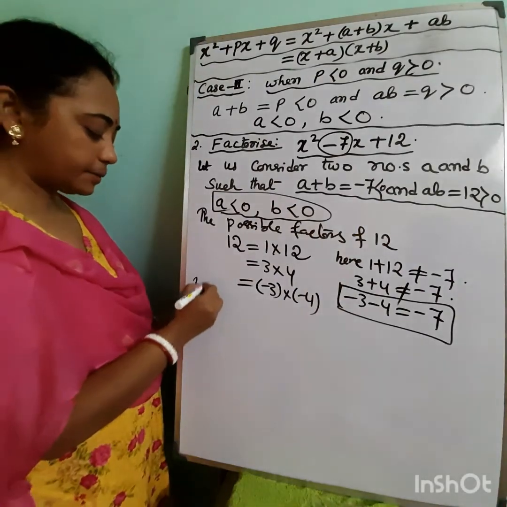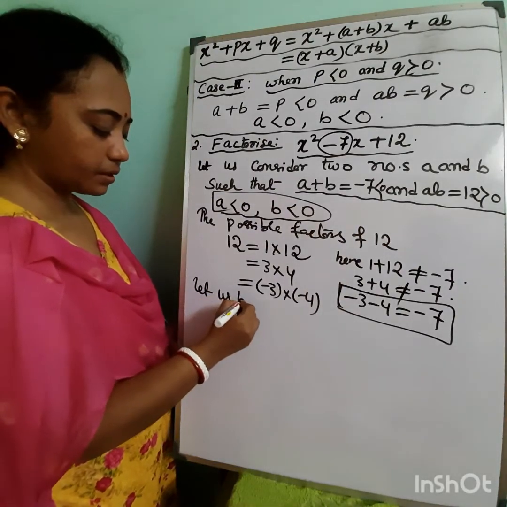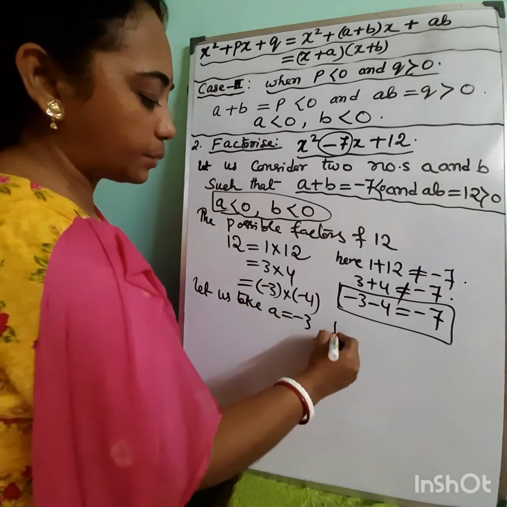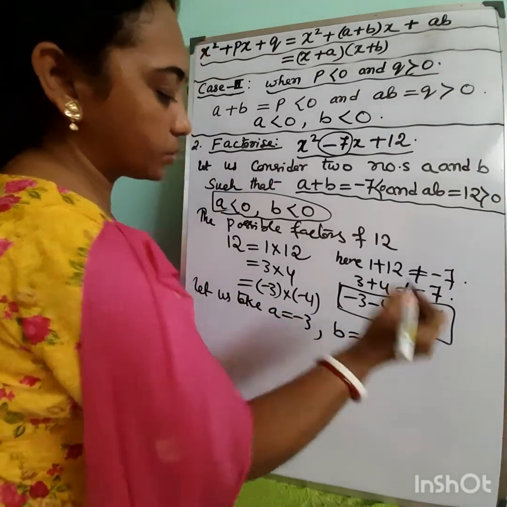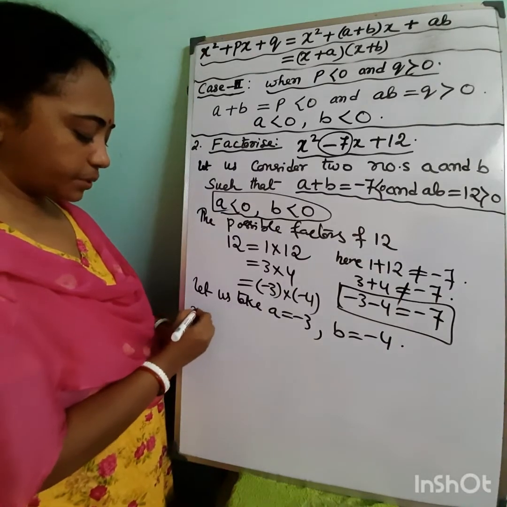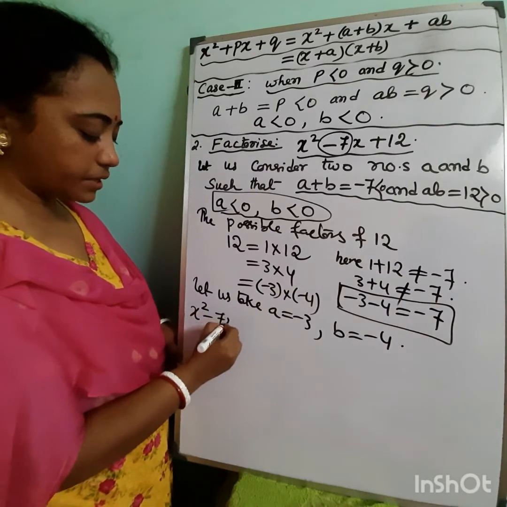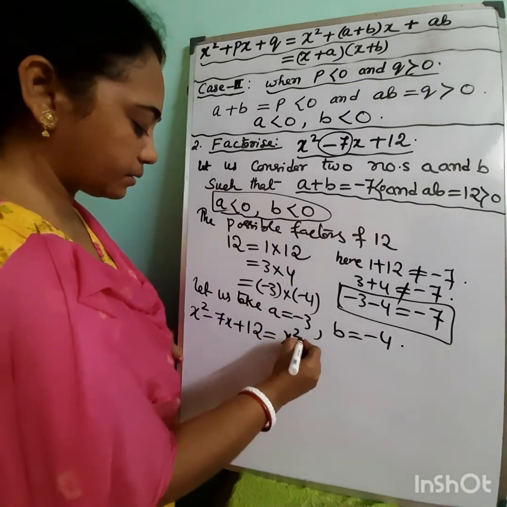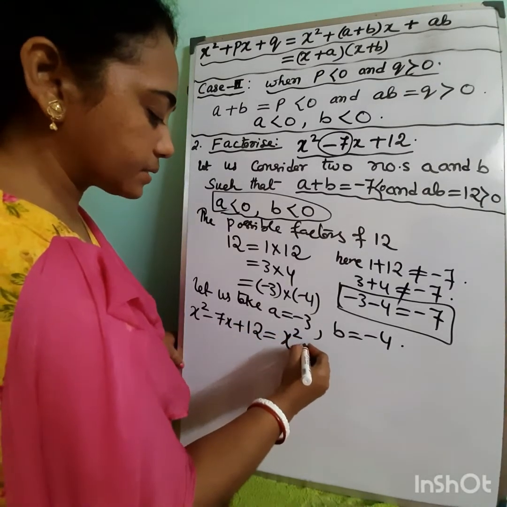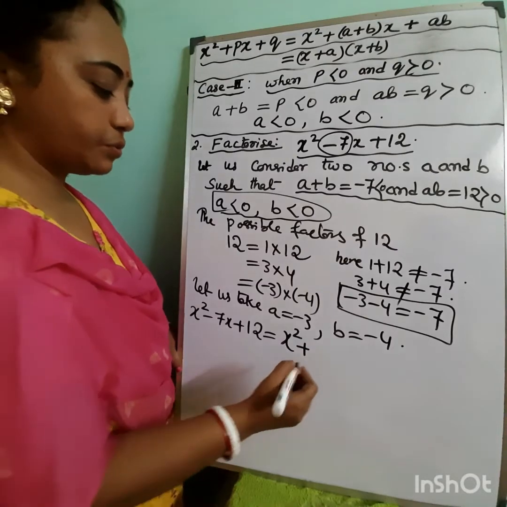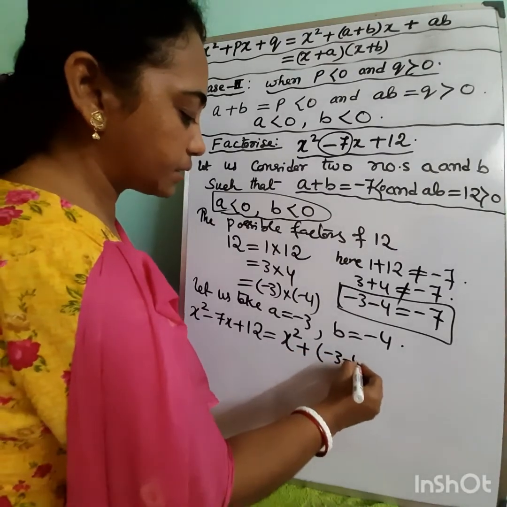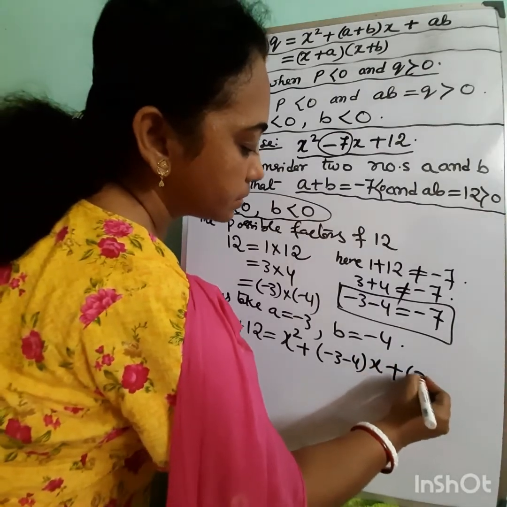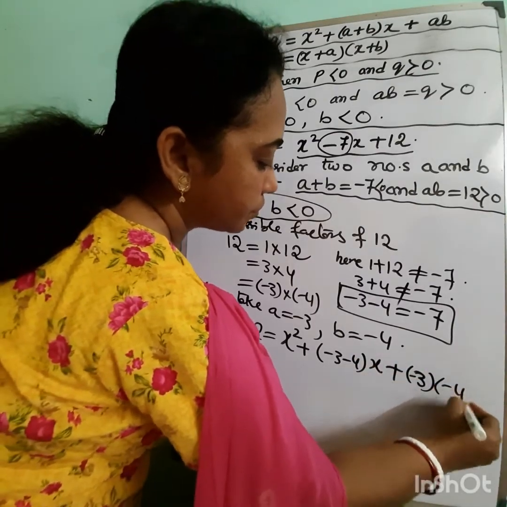So let us take a is equal to minus 3 and b is equal to minus 4. Then the given expression x square minus 7x plus 12 is equal to x square plus, in place of minus 7 we write minus 3 minus 4x plus minus 3 multiplied by minus 4.